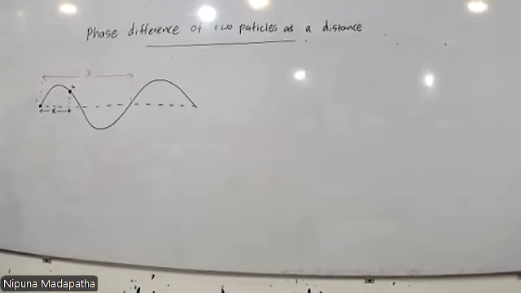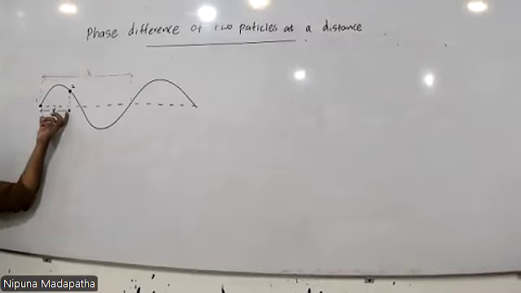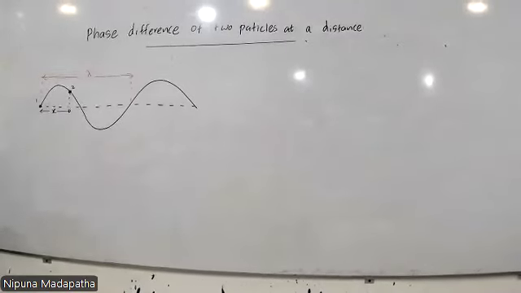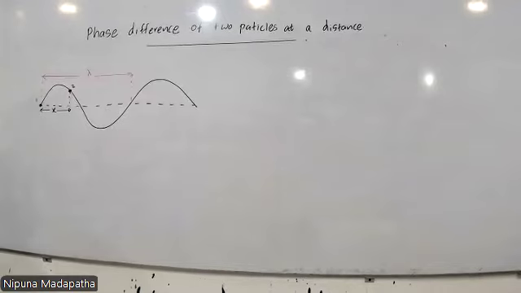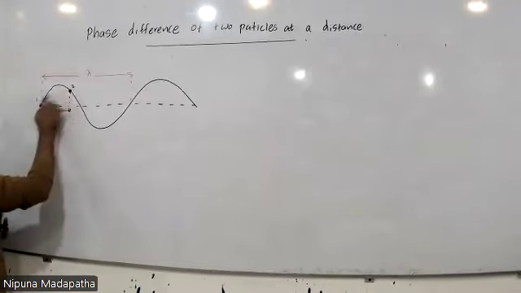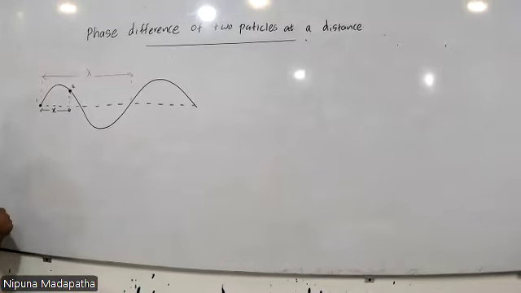Now we are going to find out the phase difference between the particles with distance x. This is the expression. Phase difference means the difference of phase angles of these two particles. How do we get it?